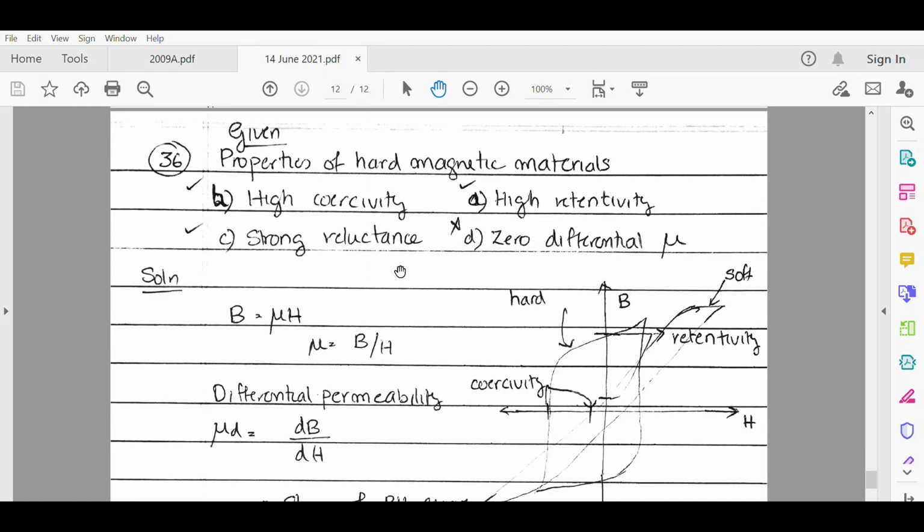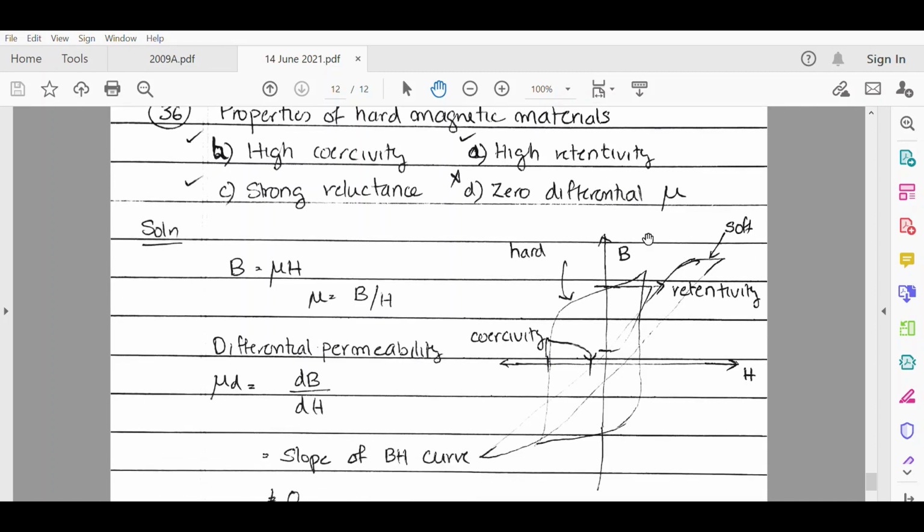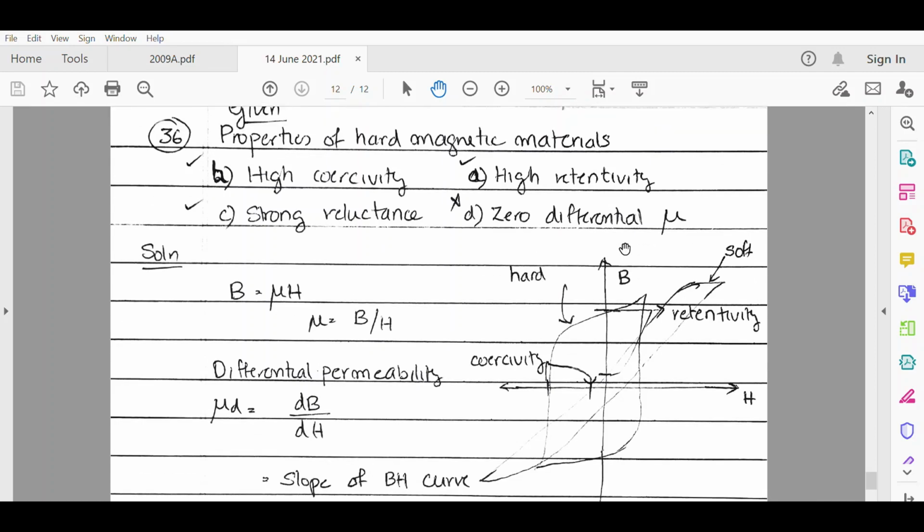Now, of the 4 options, in order to analyze these options, we will first draw the BH curve for soft and hard magnetic materials. Now over here I have drawn the BH curve of the hard magnetic materials.